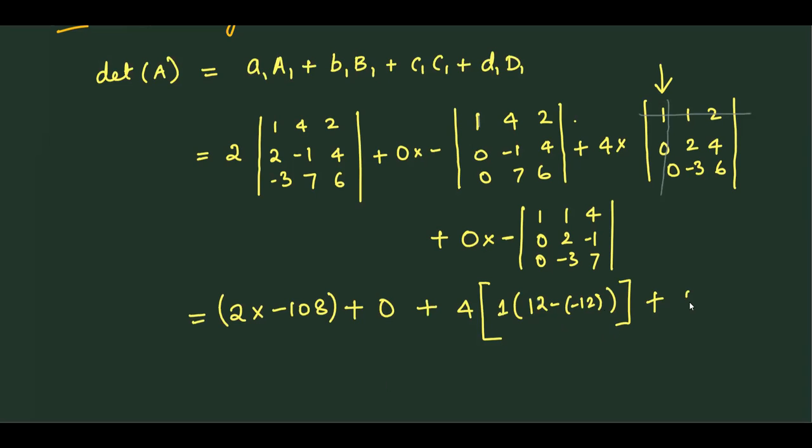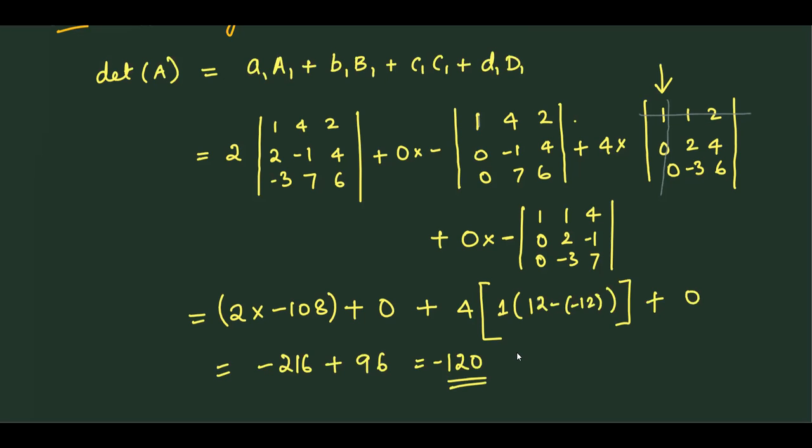Okay, plus 0. So this is minus 216 plus 4 times 24, 96. How much will this be? 120 minus 120. This is the value of the determinant. All right.